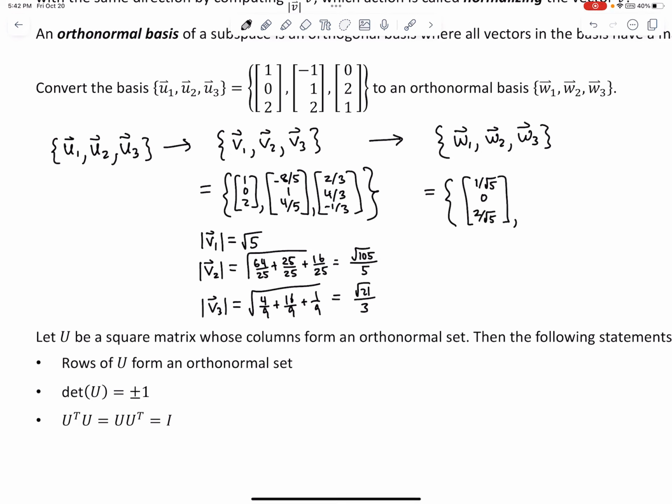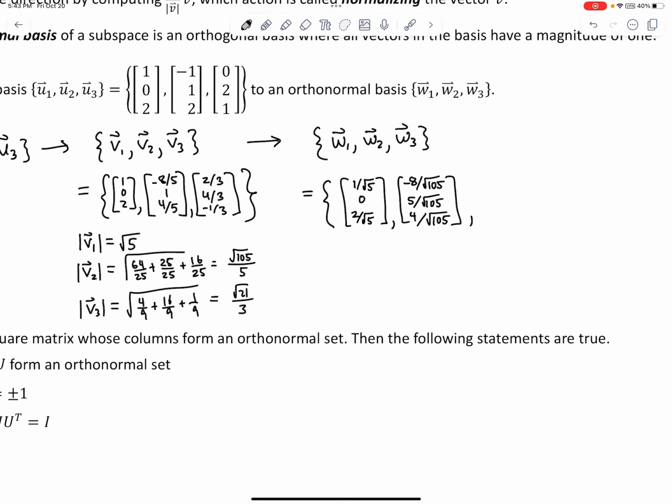Continuing with this, for vector v2, divide every component of v2 by the magnitude of v2. To divide by the fractions, you invert and multiply and then simplify, and we should get the following: -8 over radical 105, 5 over radical 105, and 4 over radical 105.